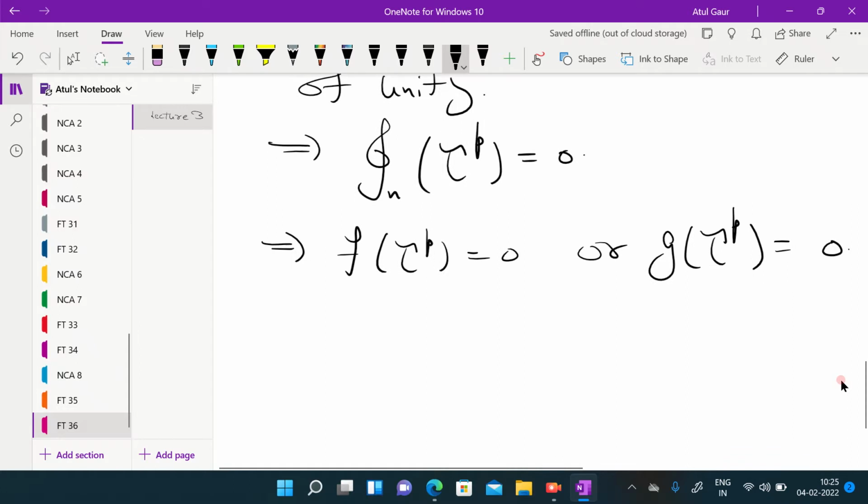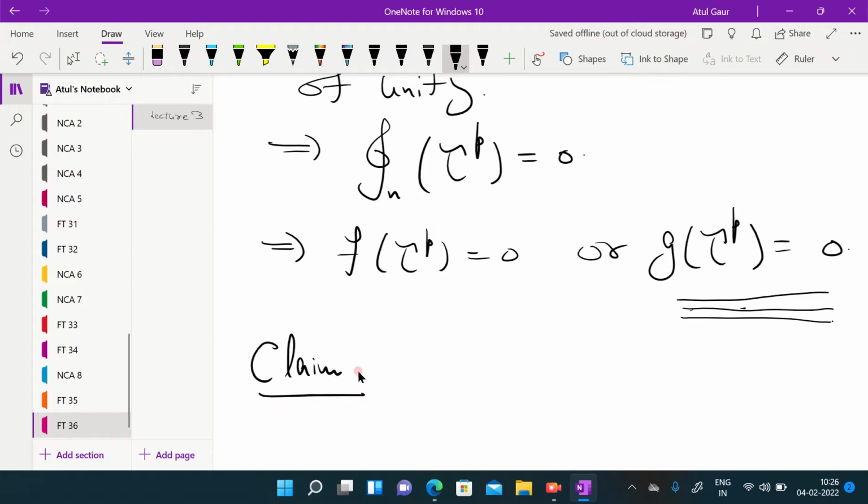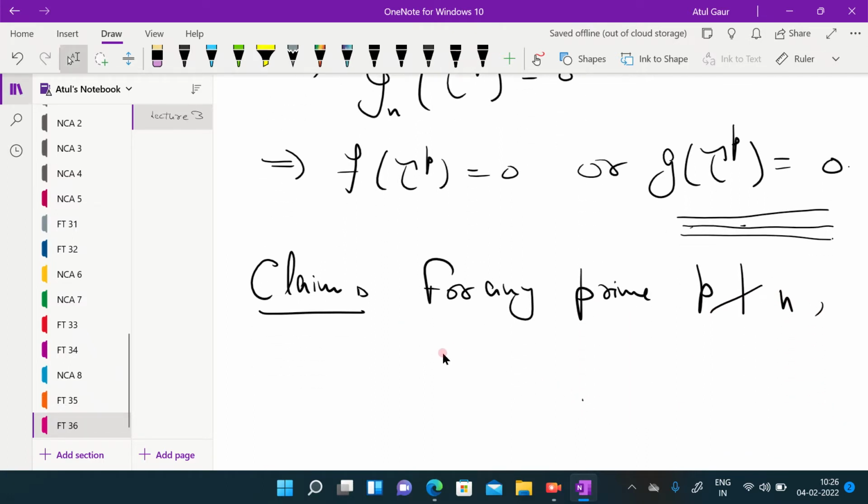What I want to claim is that this possibility will never occur. So my claim is, for any prime p not dividing n, basically f(τ^p) is always 0.